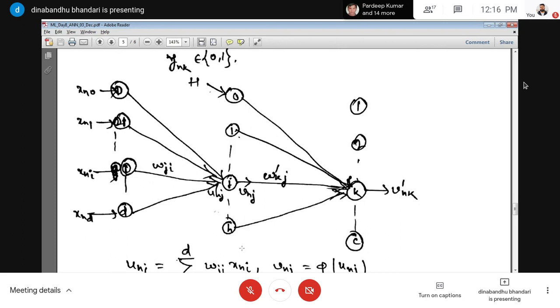I am explaining that with a single hidden layer, and then I have already shared one backpropagation technique that would help you to understand the backpropagation technique if you have multiple hidden nodes or hidden layers.